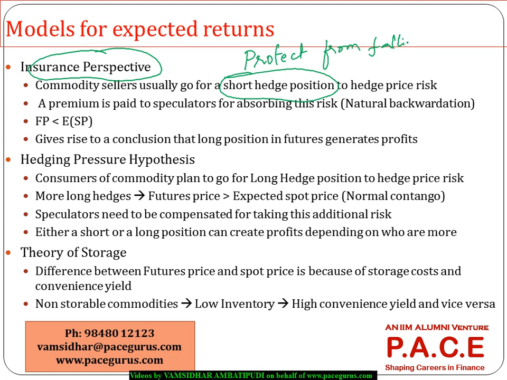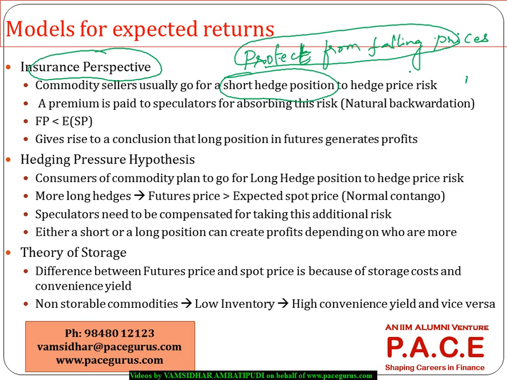Because of these people, there should be someone who has to take the risk and give them the protection. Those are the speculators. Because the sellers want to protect themselves, obviously, if the futures price is the same as the expected spot price, there is no motivation for the speculator to take the risk.